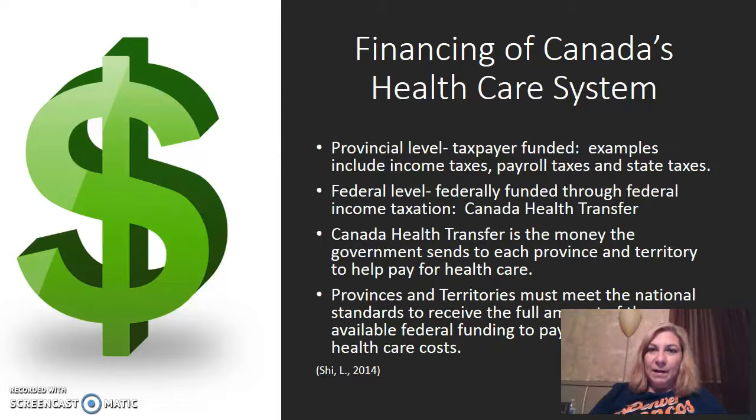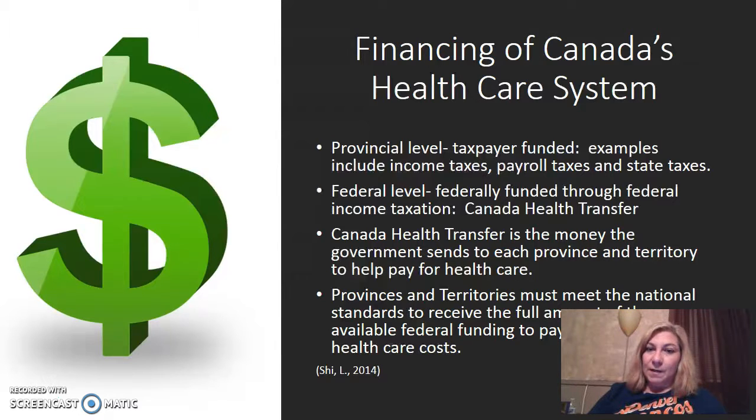First, I'm going to talk about financing of Canada's healthcare system. At the provincial level, it's taxpayer funded. Some of the examples are income taxes, payroll taxes, and state taxes. That's how Canada gets its financing at the province level and the territory level.